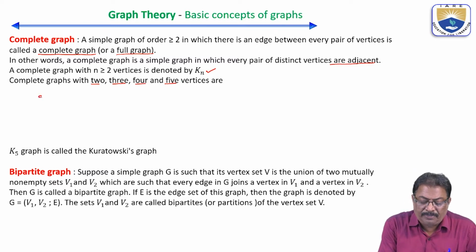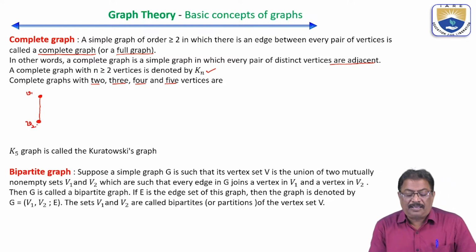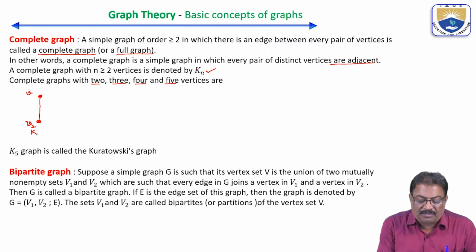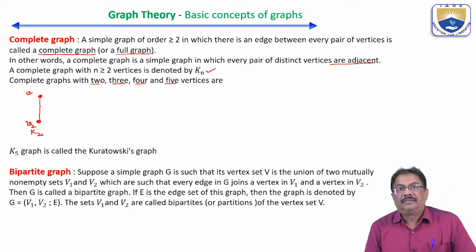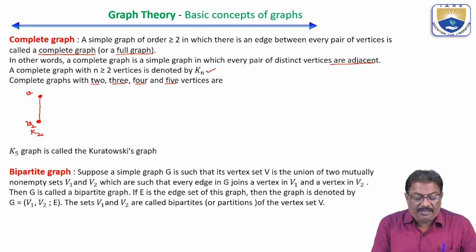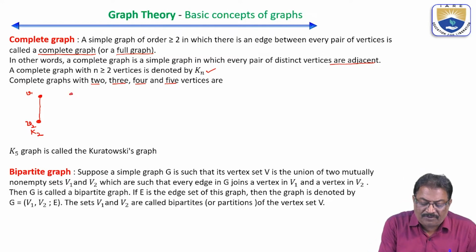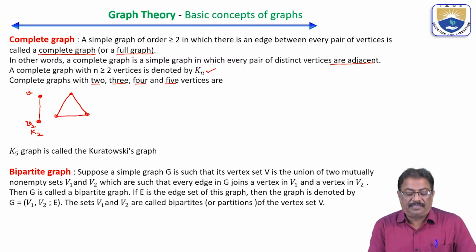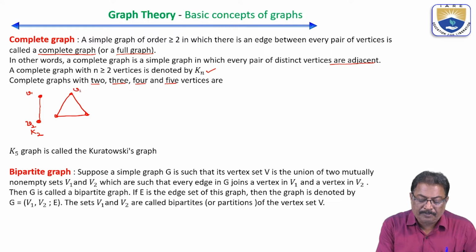This is V1 and this is V2. So, this is a complete graph with 2 vertices. This is K2. Now let us consider another graph with 3 vertices, V1, V2 and V3.